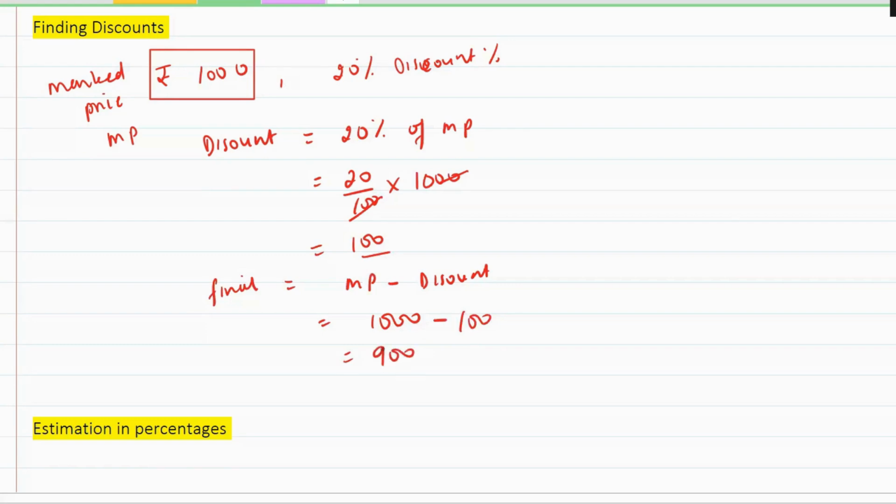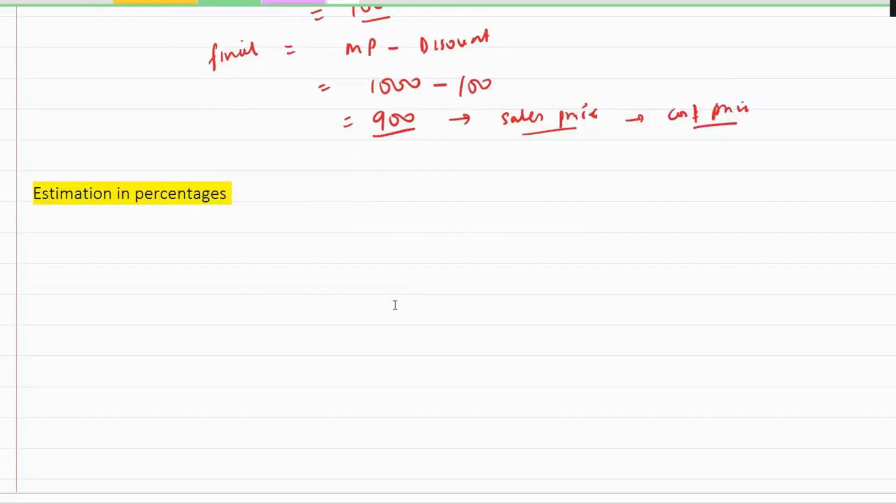So after the discount of 20%, we need to pay only 900, and this is known as the sales price from the mall's point of view. If the shopkeeper is selling for 900, it is their sales price. But for us, it is the cost price, because we are buying for this amount. So this is cost price for us, but sales price for the shopkeeper or the mall owner.